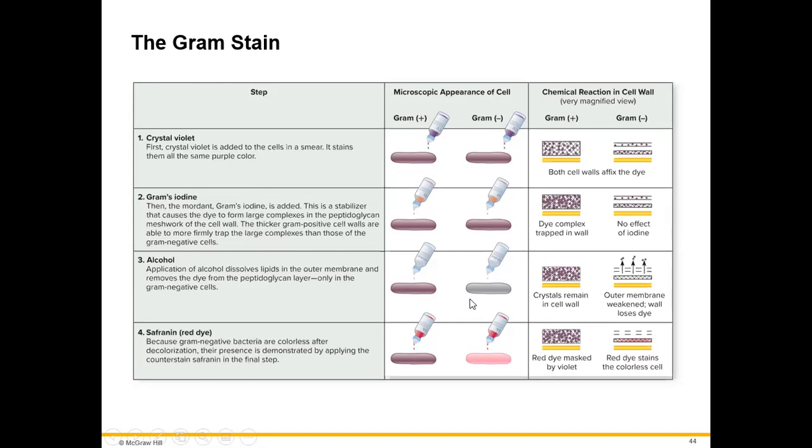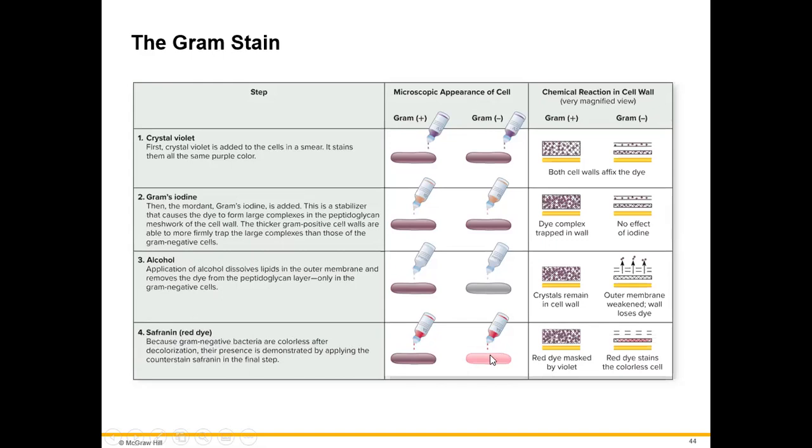You then do an alcohol wash. The alcohol wash dissolves the lipids of the outer membrane, which is found only in the gram-negative cells. And then your last step, you stain with safranin, a red or pink dye.